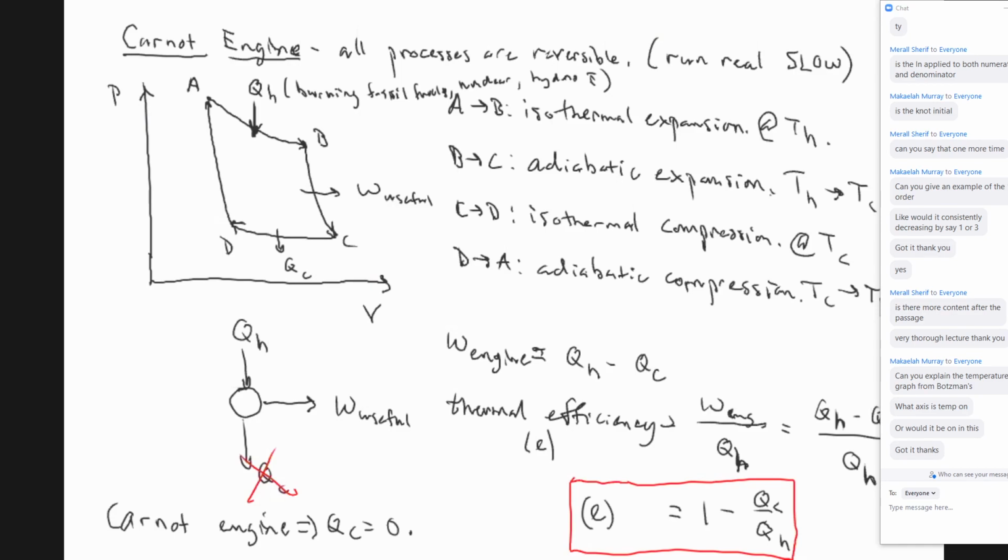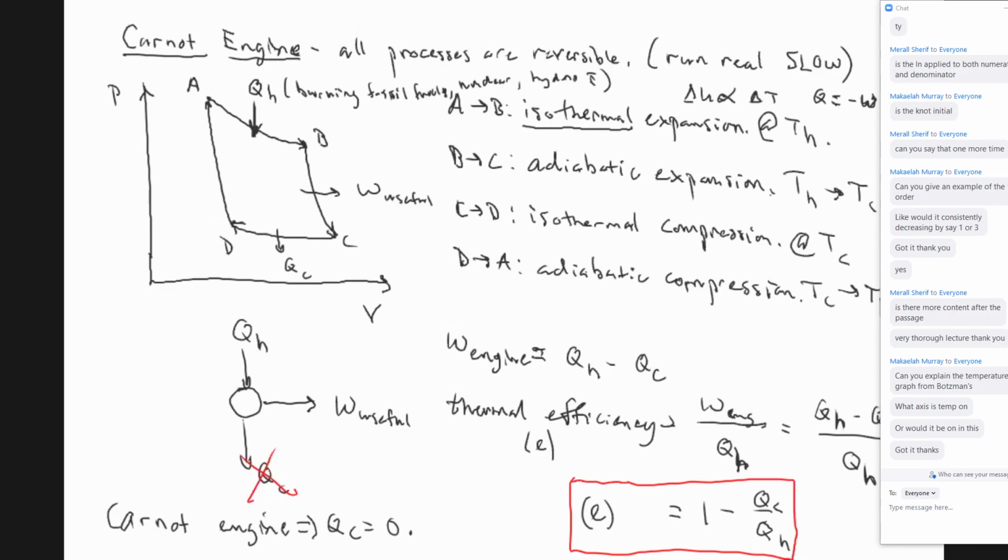From A to B, there's no work being done because you're doing it isothermally, right? So there's no change in internal energy of the system. So the heat is equivalent to the work that's being done in the system. If it's isothermal, remember delta U is proportional to delta T. So if delta T is 0 for isothermal, that means that Q is equal to negative W at that point.